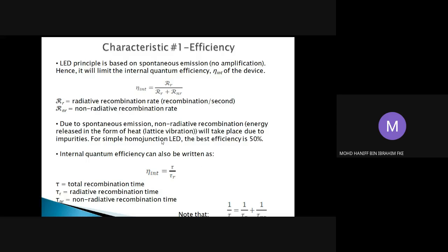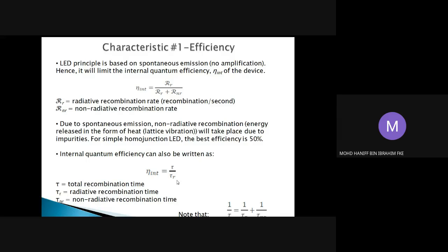For a simple homojunction LED, the highest efficiency that can be obtained is 50%. There is another equation that can be used to determine the quantum efficiency, which is tau divided by tau_r, in which tau is the total recombination time, including radiative and non-radiative recombination time. Tau_r is the radiative recombination time, whereas tau_nr is the non-radiative recombination time.